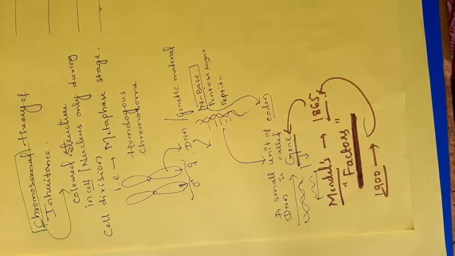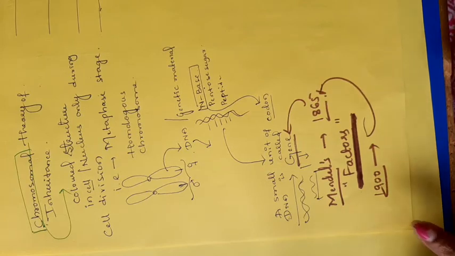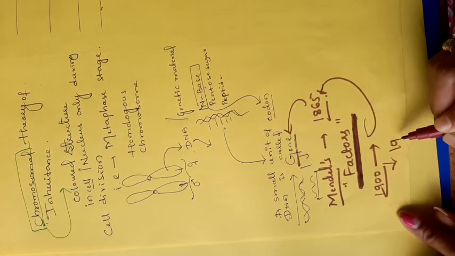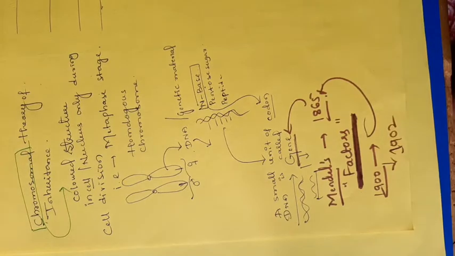Later the structure of the nucleus and the structure of the chromosome were discovered. At that time, two scientists worked on chromosomes and Mendelian inheritance laws and used the new theory, that is the chromosomal theory of inheritance.